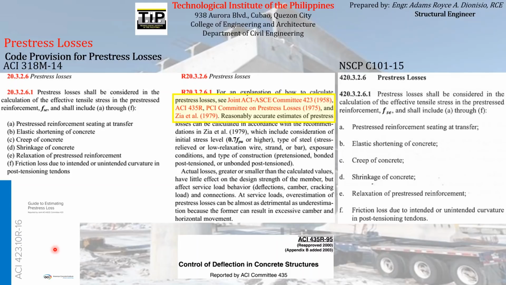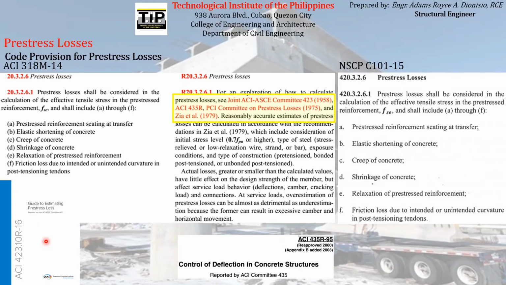If you check this particular guide, you can see there is a different way of computing the magnitudes of the prestress losses mentioned here. It's more of a very empirical method. It really looks like an empirical method because there are a lot of empirical formulas mentioned there.